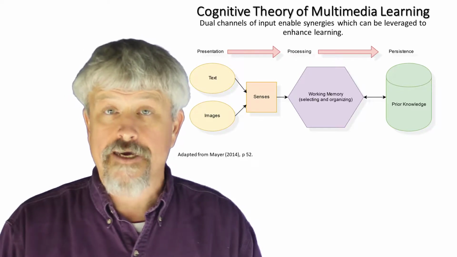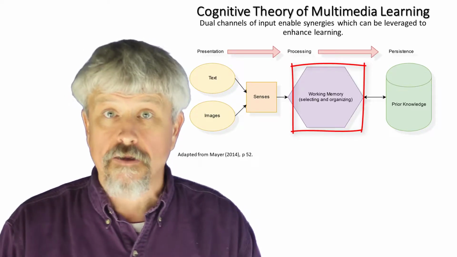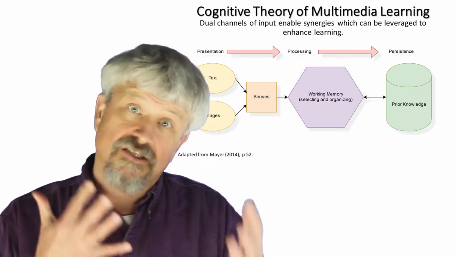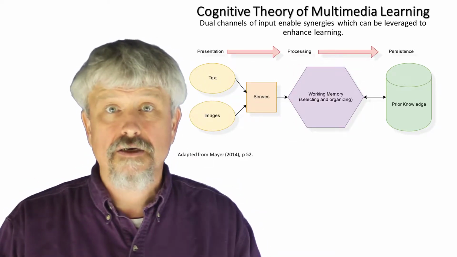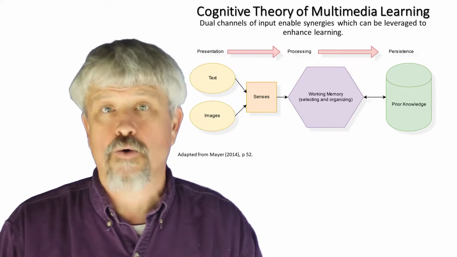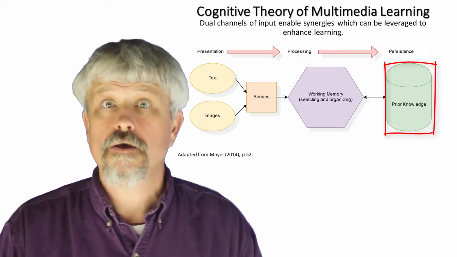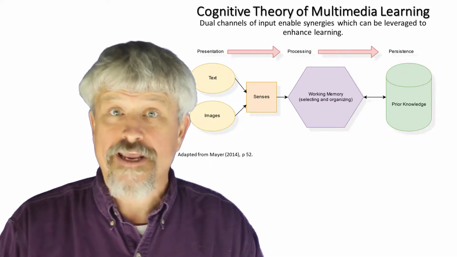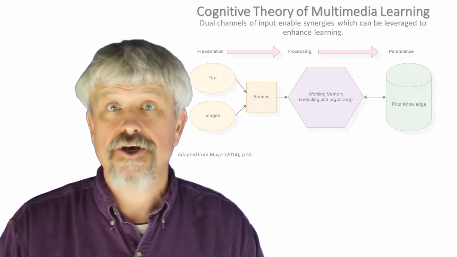A temporary kind of working memory in the middle takes input from our senses, processes it, selects it, organizes it, so that it can be stored in our long-term memory. And so some good design of learning activities takes advantage of these dual channels, vision and audition.